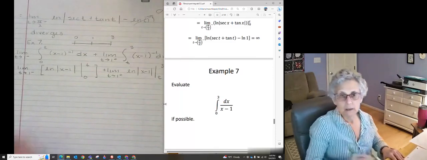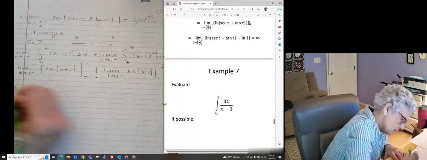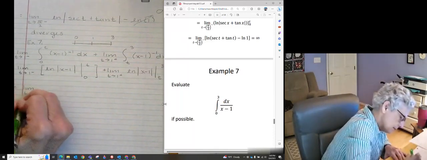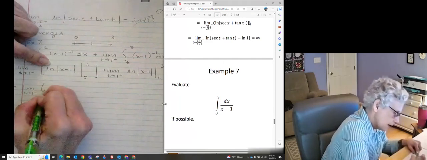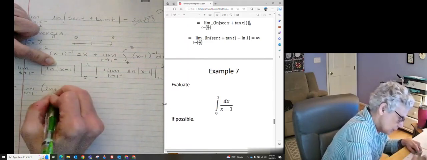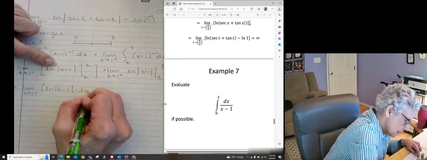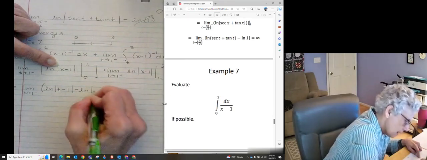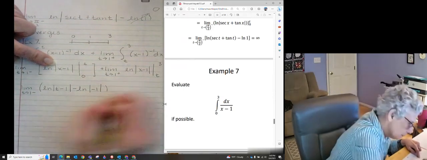We plug in our limits of integration. Equals limit as t approaches 1 from the left. I have the natural log absolute value t minus 1 minus natural log of the absolute value of 0 minus 1.